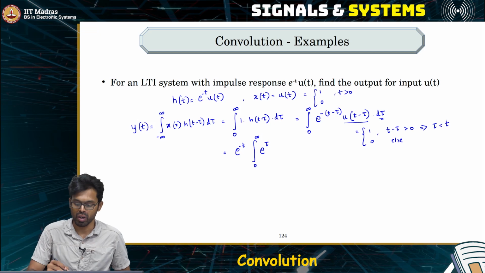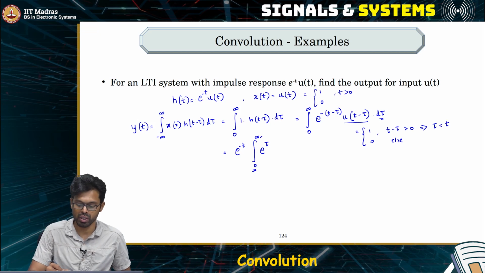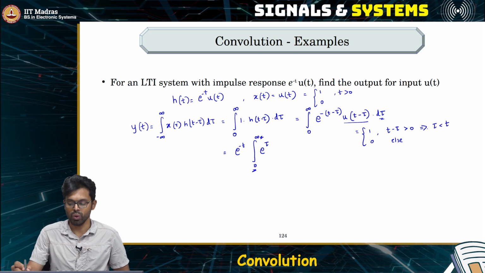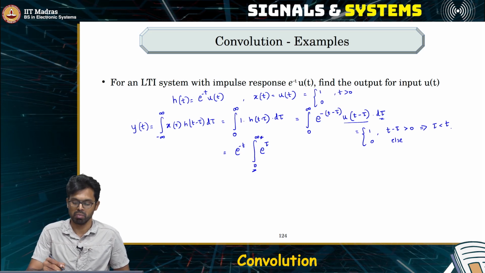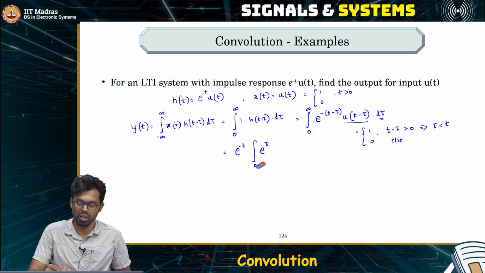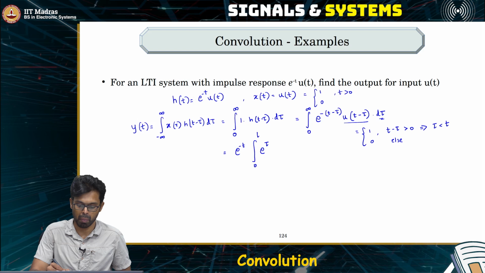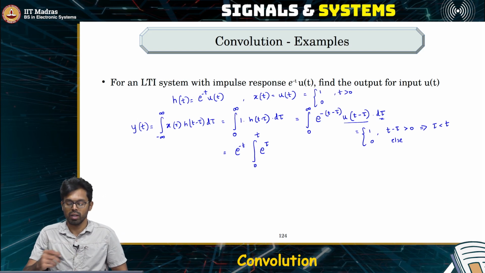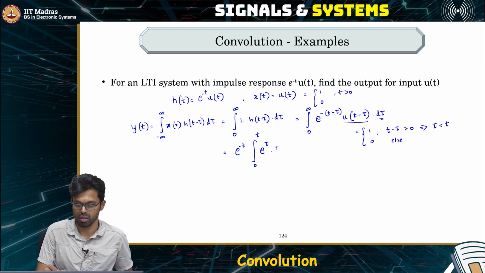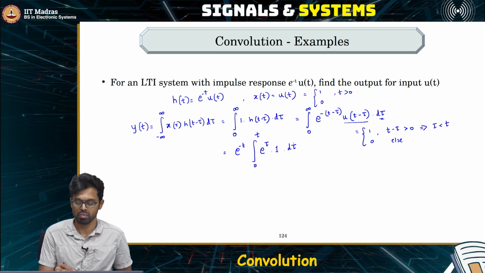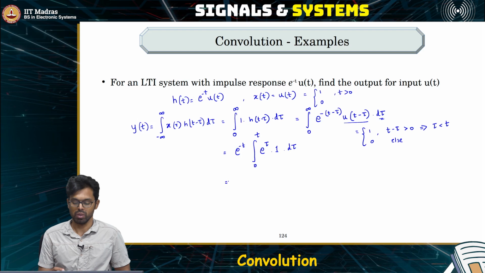Okay, but we already have tau going from 0 to infinity, and now we are saying that it is 1 only when tau is less than t. So which means now tau runs from 0 to t. Okay, that's it. d tau, which is equal to.